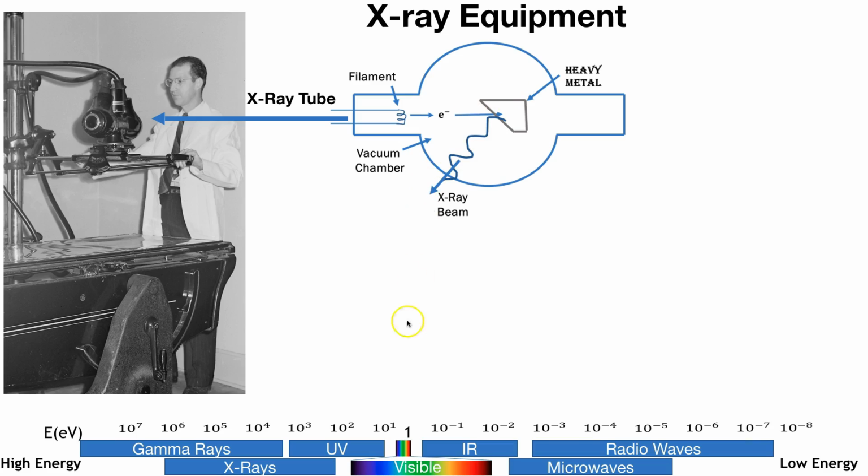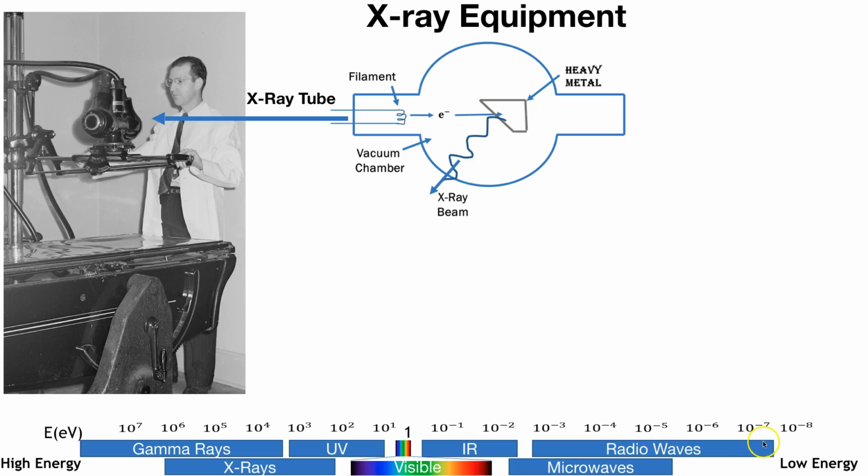Those x-rays, we want to think about where they are in comparison with the visible light that we're really used to seeing around us all the time. So the visible range is right here. This is the visible range of photons around us. As we go in this direction, we're going to higher energy photons.